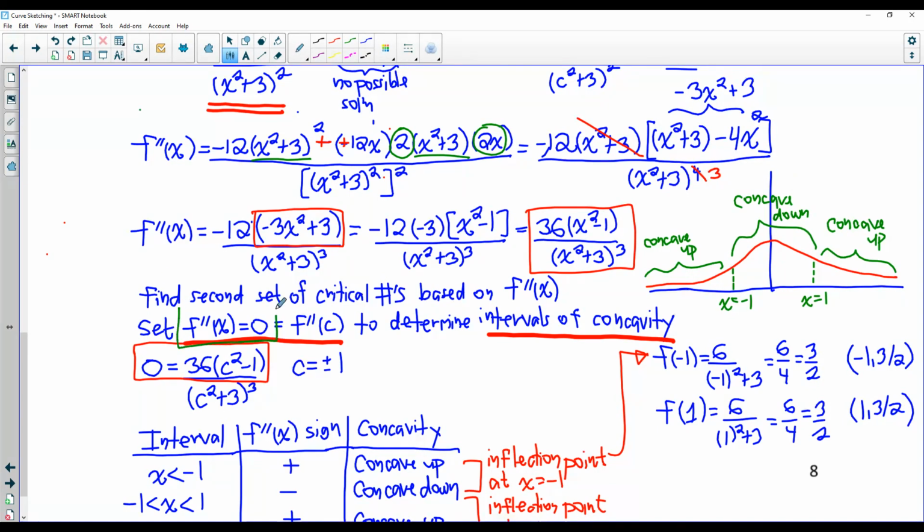Now, if you're wondering why we set f double prime of x equal to 0 to figure out the critical points for the intervals of concavity, essentially this is what's happening. When you have an inflection point, so when f double prime of x is equal to 0, for a very brief instant, the slope stops changing. So it's neither increasing nor decreasing for a brief moment.